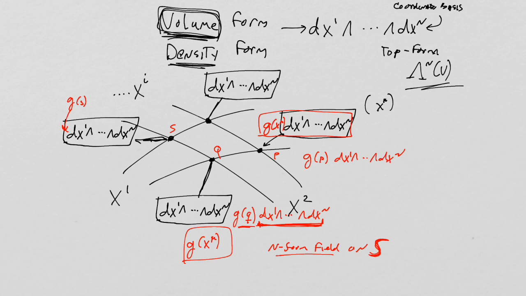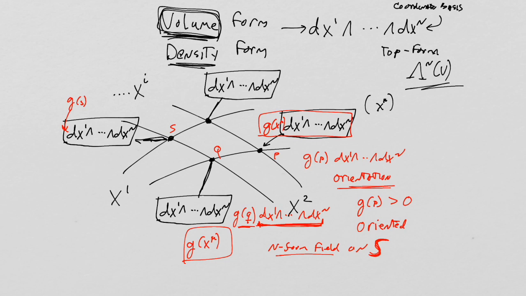I'm not going to go into the subject of orientation here, but let's suffice it to say that if g of p is greater than 0 everywhere on the space-time, then our space-time is oriented. Spacetimes don't have to be oriented. They're tricky when they're not.